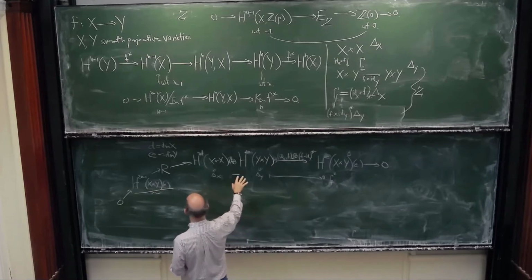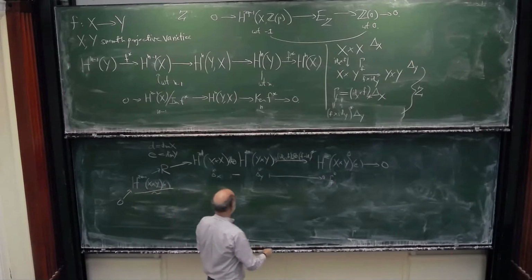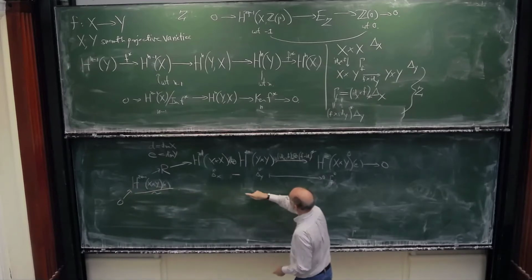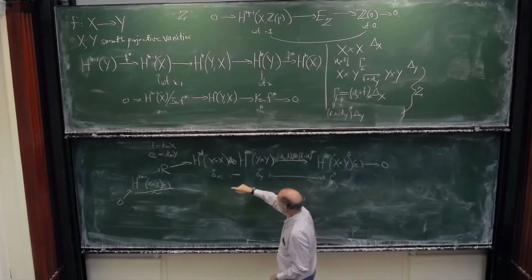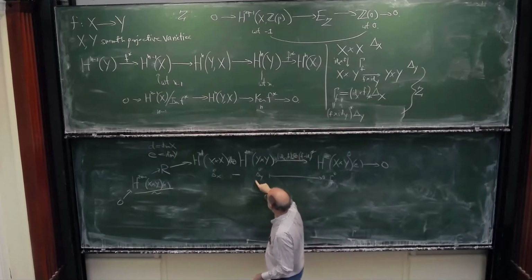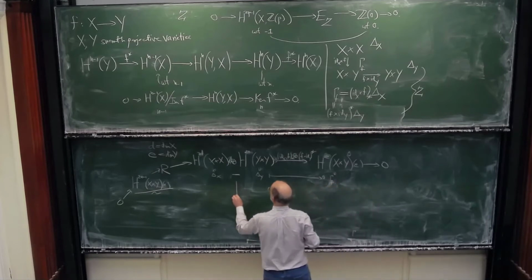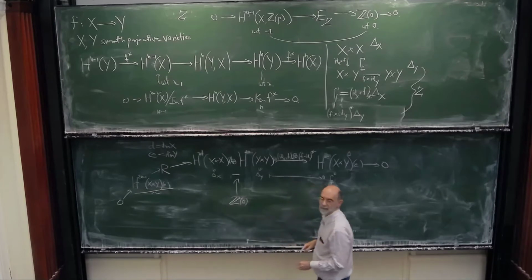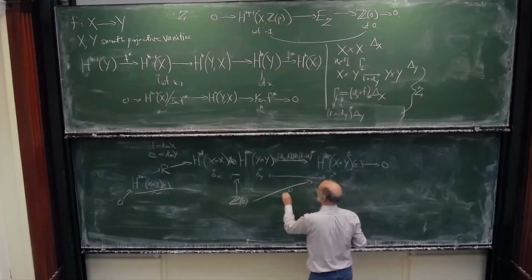No, this is cool. This is good. Because what do I have here? I have exactly the same situation that we had when we looked at the intermediate Jacobian. Namely, I have a cycle that goes to 0. Right? And so I've got a map from Z of 0 into there, and it goes to 0 here.